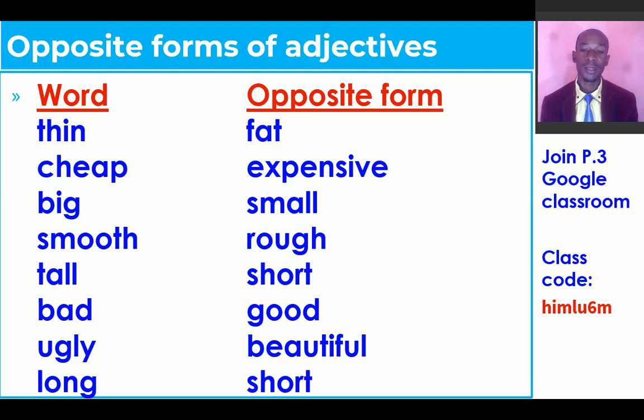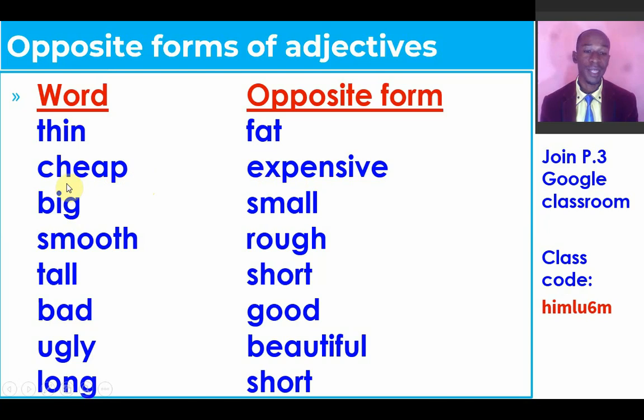Now, remember this. When you look at these words, all are in the positive degree. Now, if it was in the comparative, here we would have thinner. So here the opposite would be fatter. Here we would have cheaper, and the opposite would be more expensive.